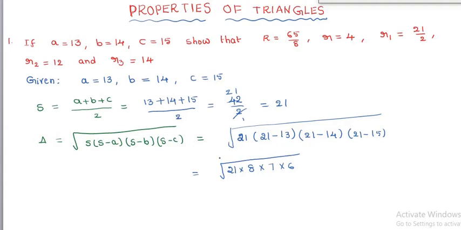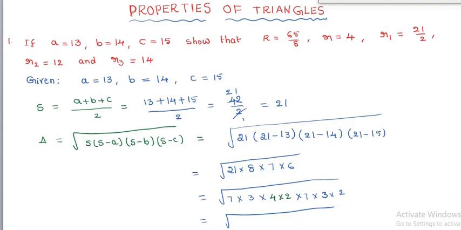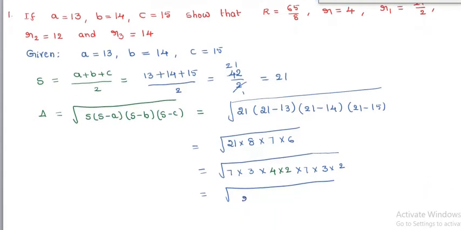So next, you write 21 as 7 times 3. Next, 8 is written as 4 times 2, and 6 is written as 3 times 2. So that is the value of the square root of 2 square into 3 square into 7 square into 4.